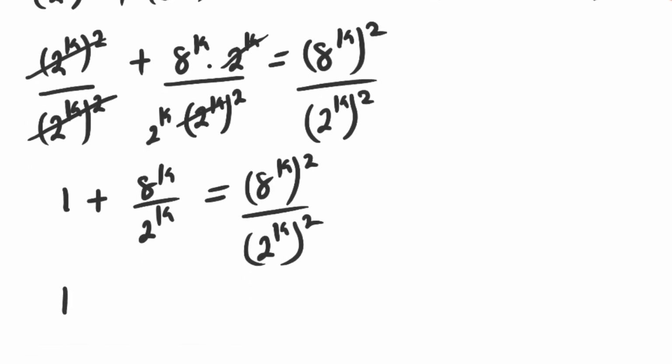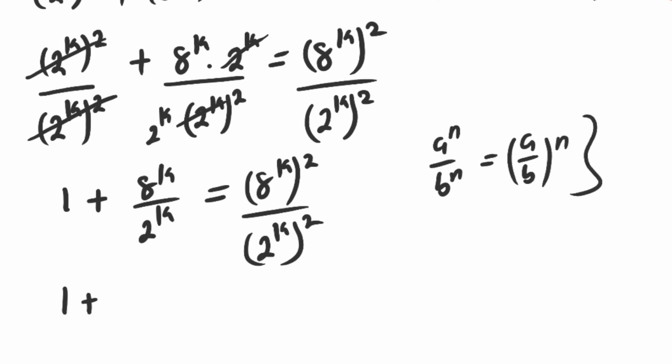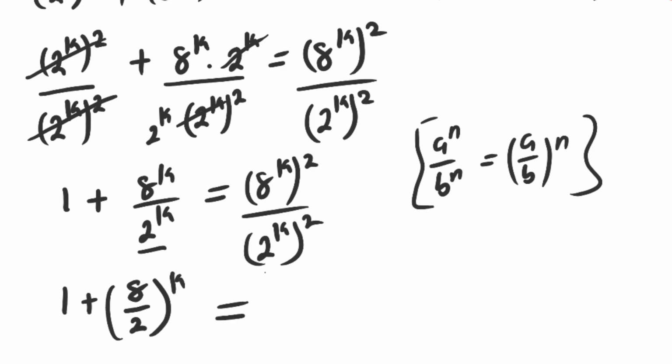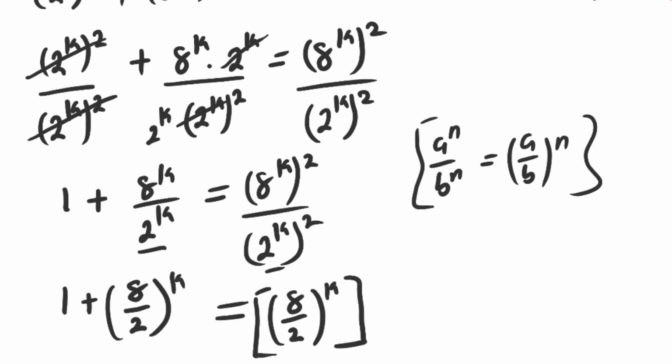Then this is 1 plus, if you have a raised to power n over b raised to power n, this is equal to a over b all raised to the power of n. Then this can be written as 8 over 2 all raised to the power of k is equal to, the whole of this can be written as 8 over 2 all raised to the power of k all squared.